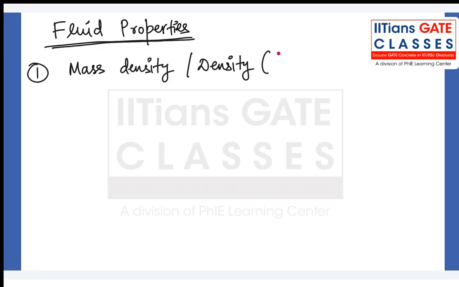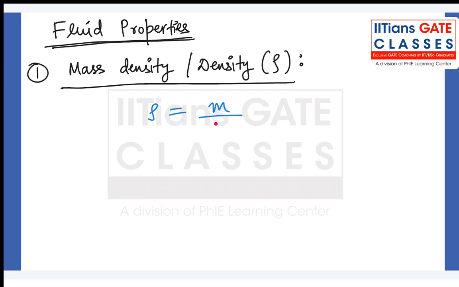It is denoted with this symbol rho. Okay, so how is it defined? Rho is defined as mass per unit volume, and it has units of kg per meter cube.